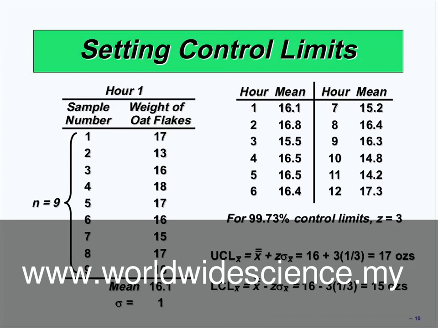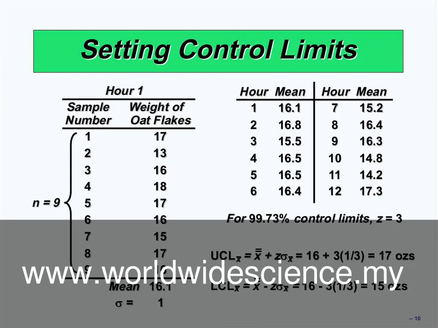The sample size is 9. The square root of 9 is 3. 1 divided by 3 gives you sigma X bar. Multiply by Z, which is 3, plus X bar gives you UCL, the upper control limit, or the maximum number that these flakes can have.